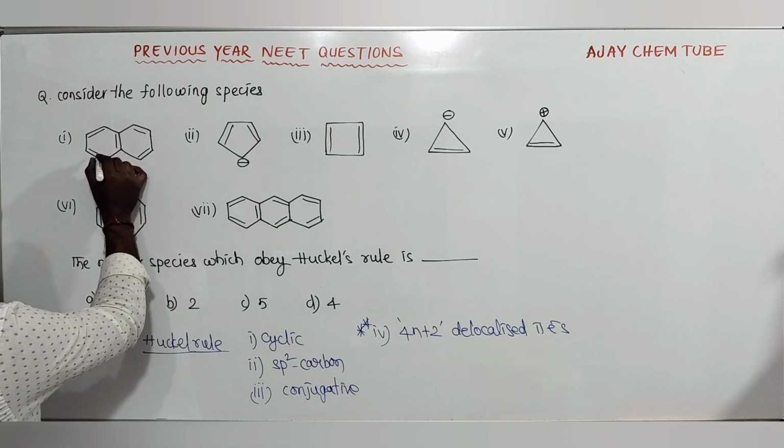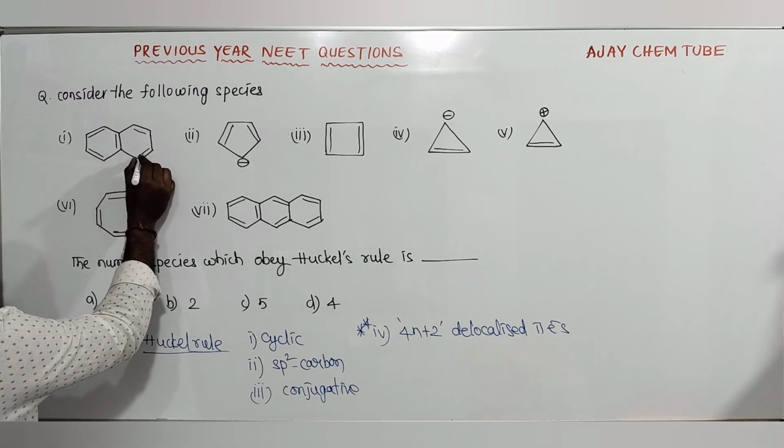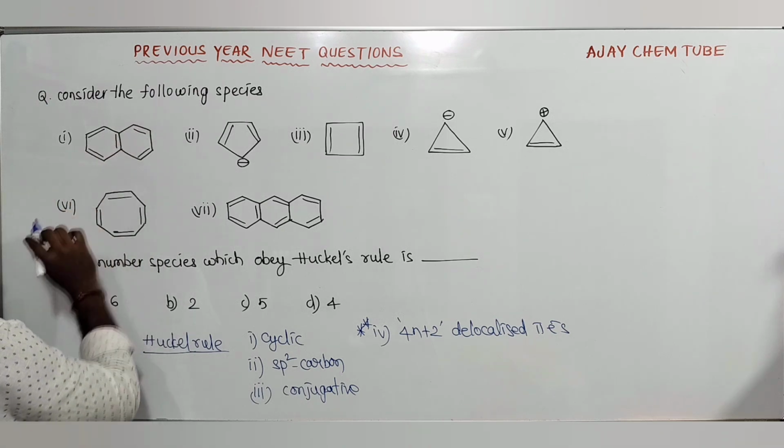Here, see, this is a conjugated system: single bond, double bond, single bond, double bond, and so on.